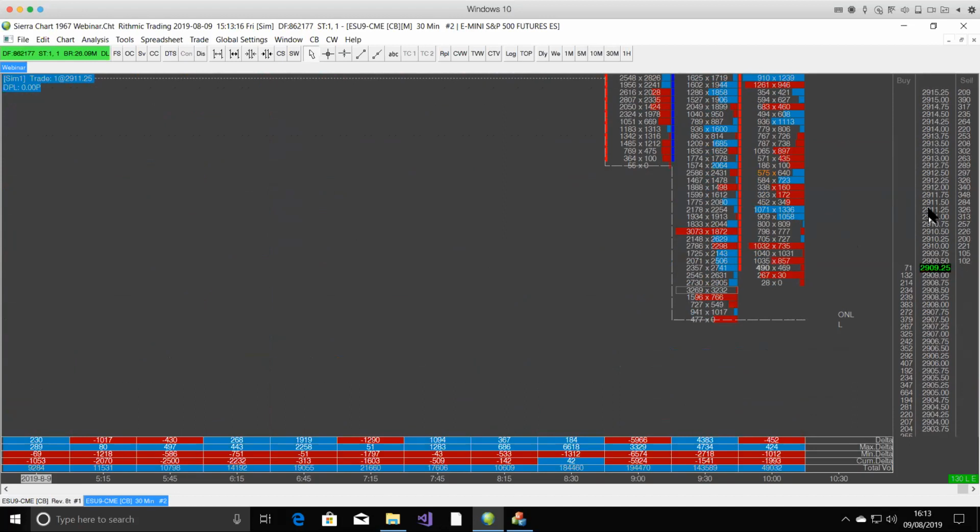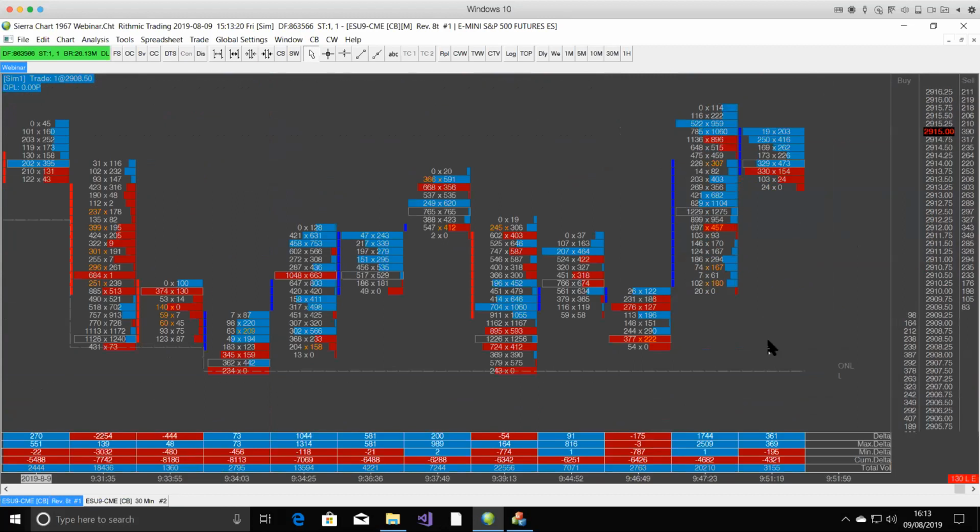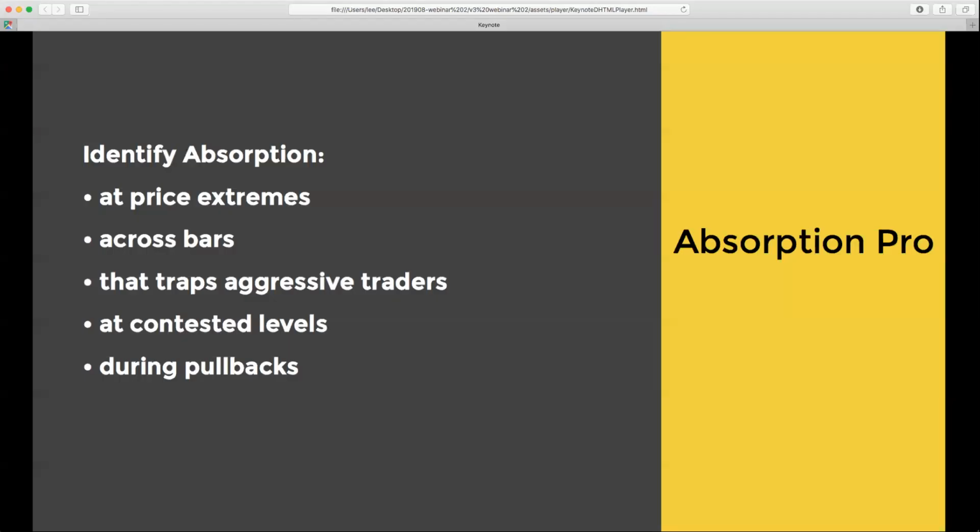We should have the computer doing what it's good at, which is analyzing this raw data and then filtering out what we want to know within that raw data. So that really is the rationale behind why we build indicators. They are there to make things easier. So what we're going to do is have a walk through Order Flow Suite version 3 Absorption Pro.